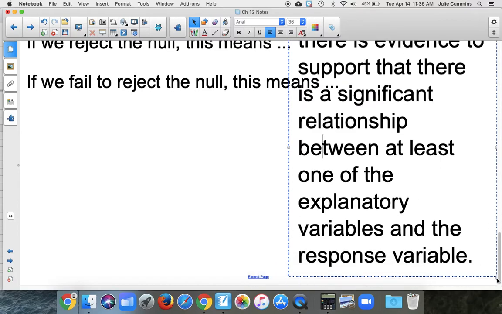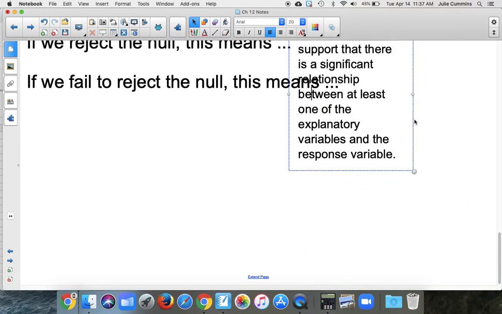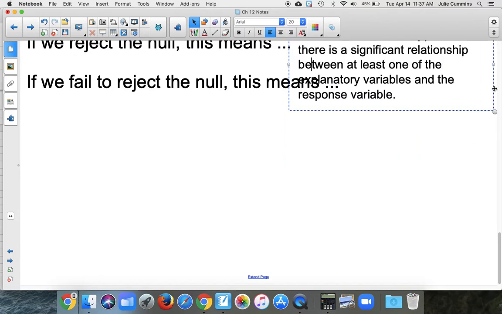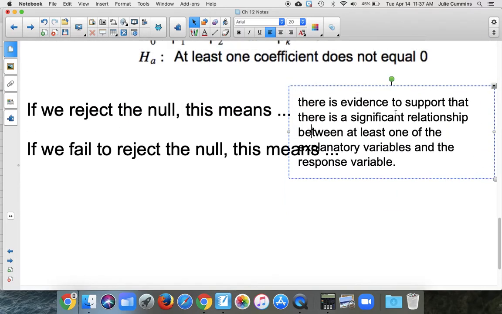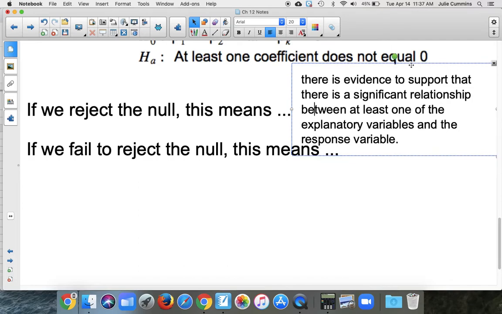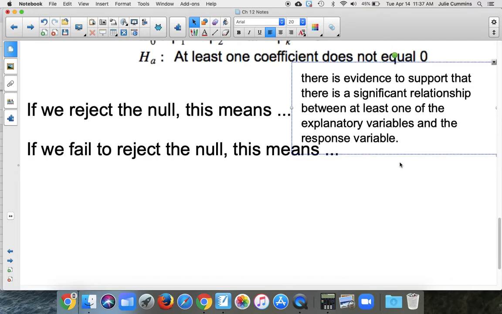All right, so if we decide to reject the null hypothesis, that means there's evidence to support there's a significant relationship between at least one of the explanatory variables and the response variable.